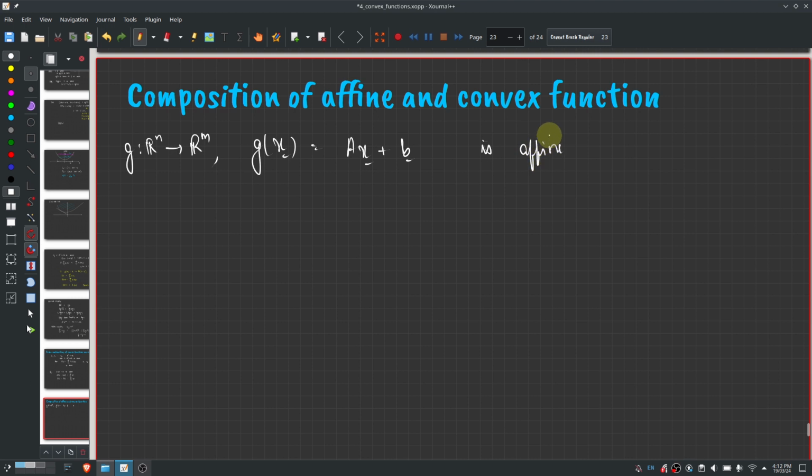So this is an affine function. And let us say that H from R^m to R is convex. Then H of G of x is convex.